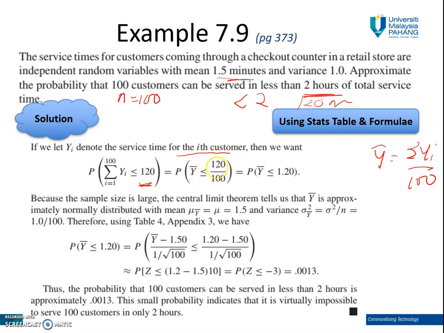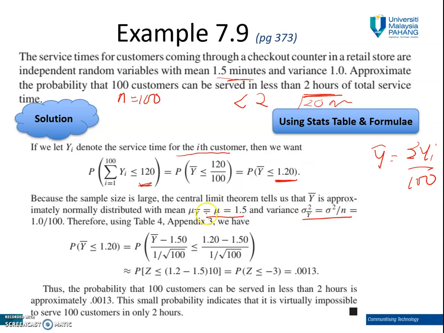So here you will have 120 over 100, minus mu. This one you get is 1.2. Now because the sample size is large, the central limit theorem tells us that Y bar is approximately normally distributed with mean mu and this variance.